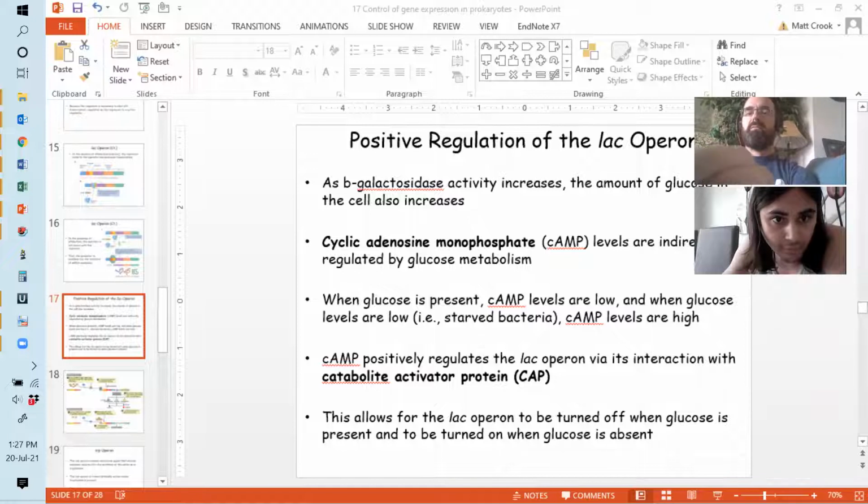High glucose equals no cAMP, or low, that equals inactive CAP equals low to little transcription.